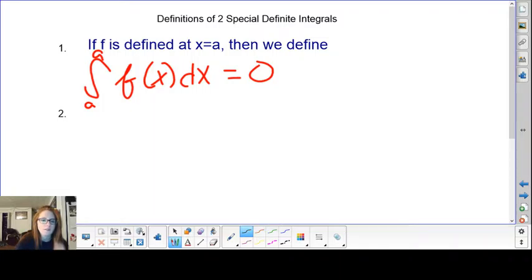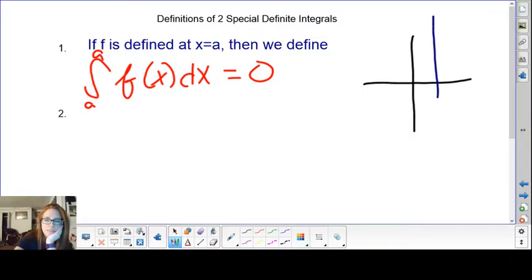Now what that's saying is, if I have the integration, and here's my coordinate of a line, there is no two-dimensional shape here. You're only talking about one specific point, and the area at one specific point is just going to be 0.